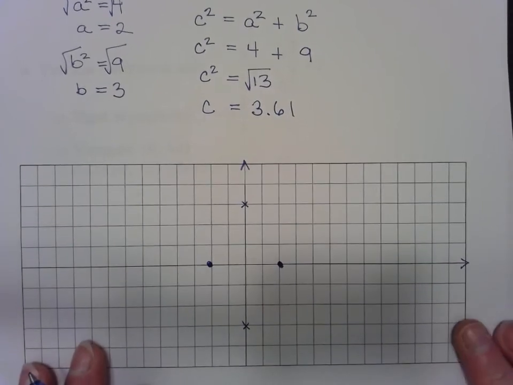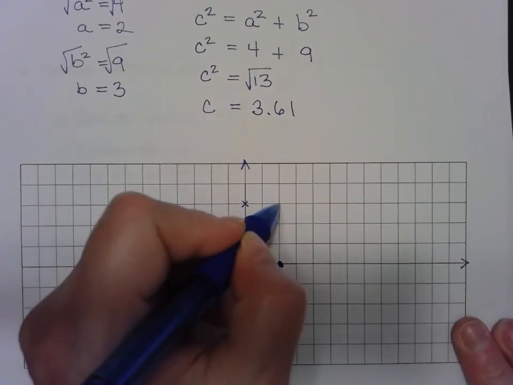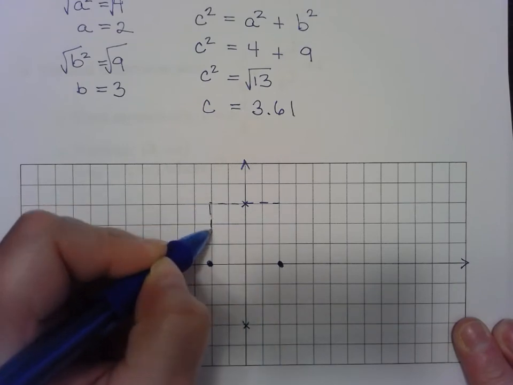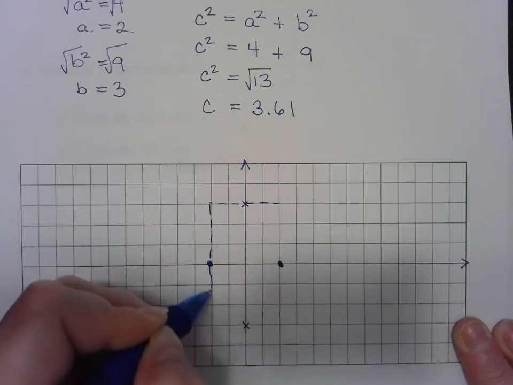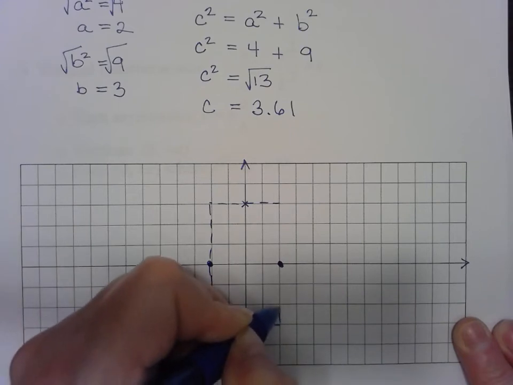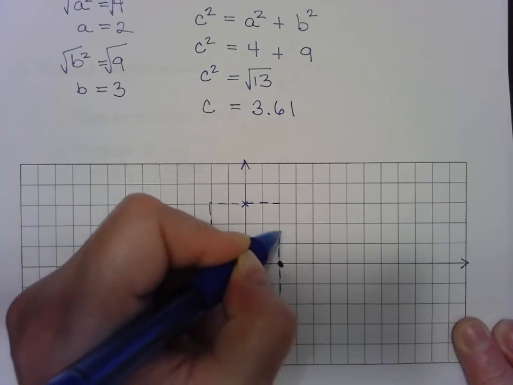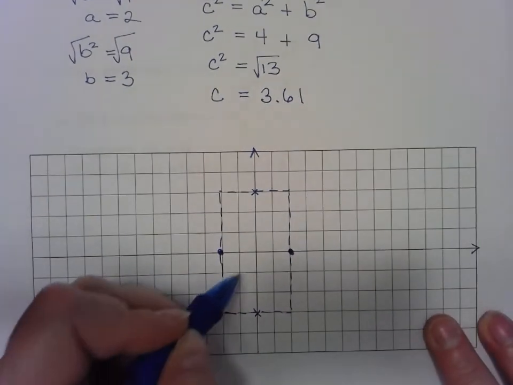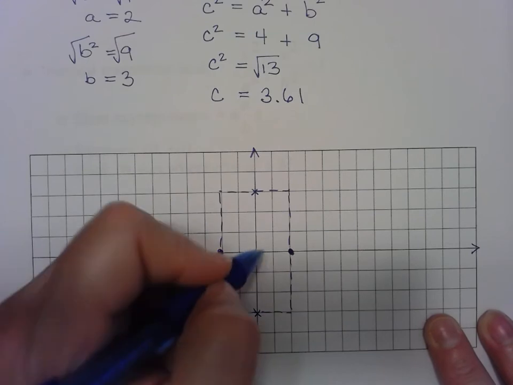Okay, and then to make the asymptotes, we're going to draw in that dotted box. And then we're going to draw the diagonals of this box through the center.